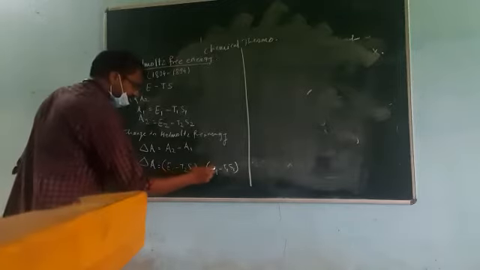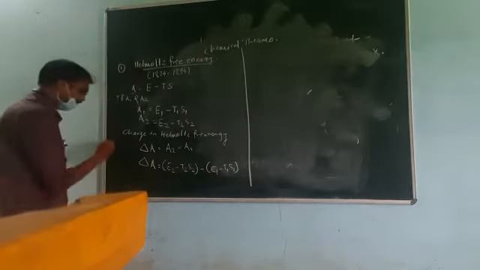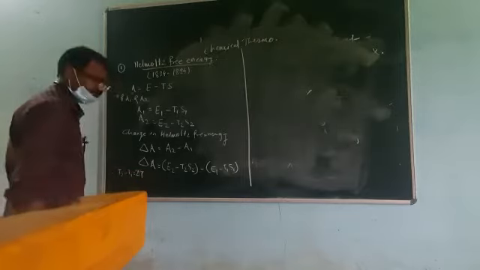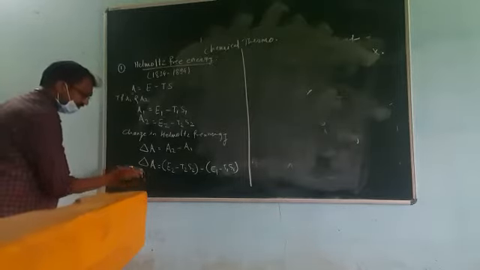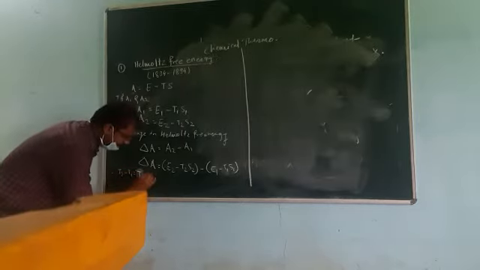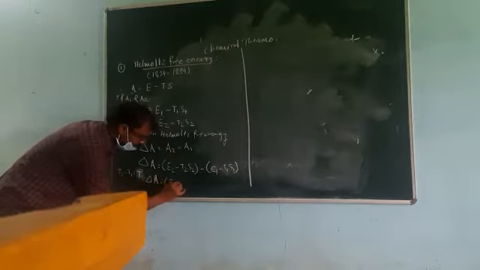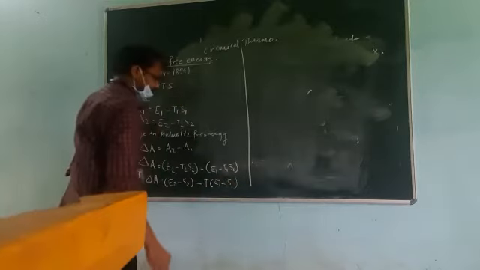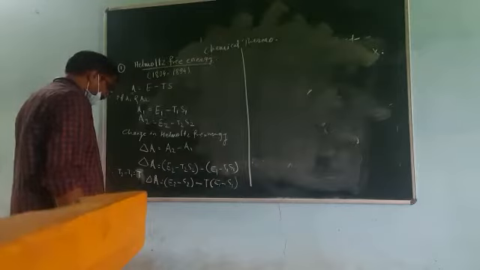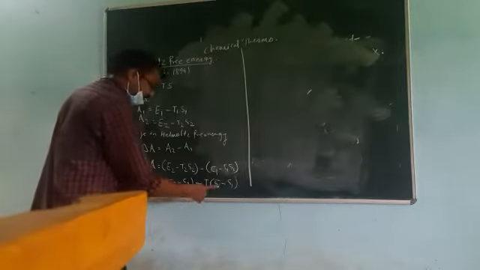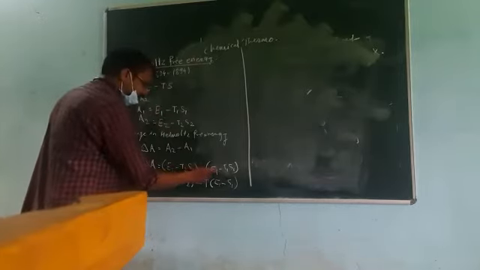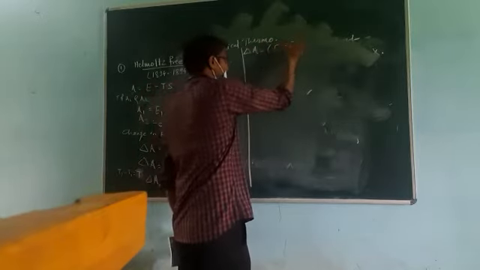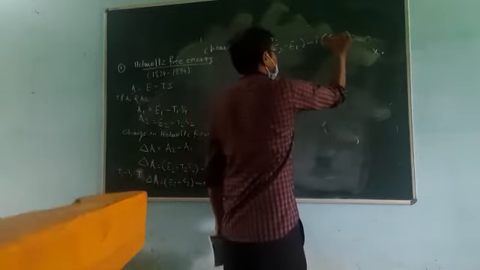Taking T2 minus T1 as delta T, or simply writing T here, delta A is equal to E2 minus E1 minus T times S2 minus S1.